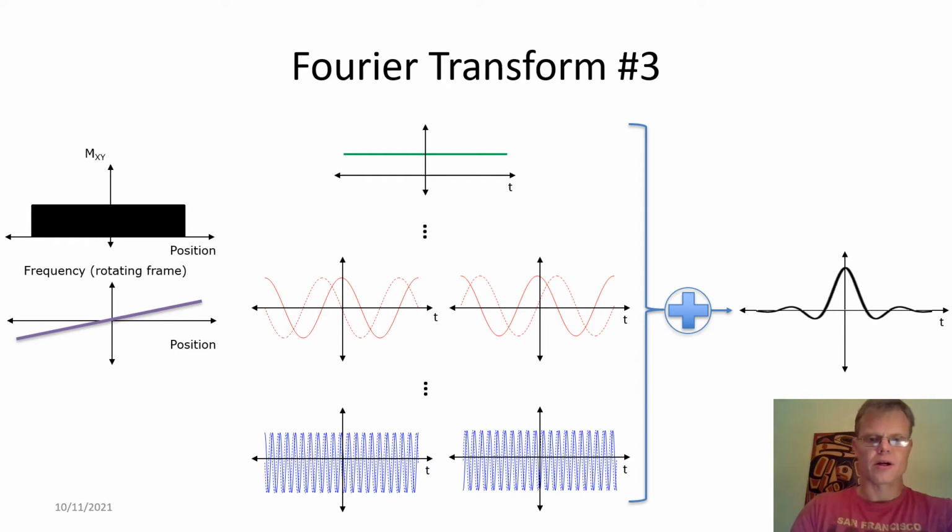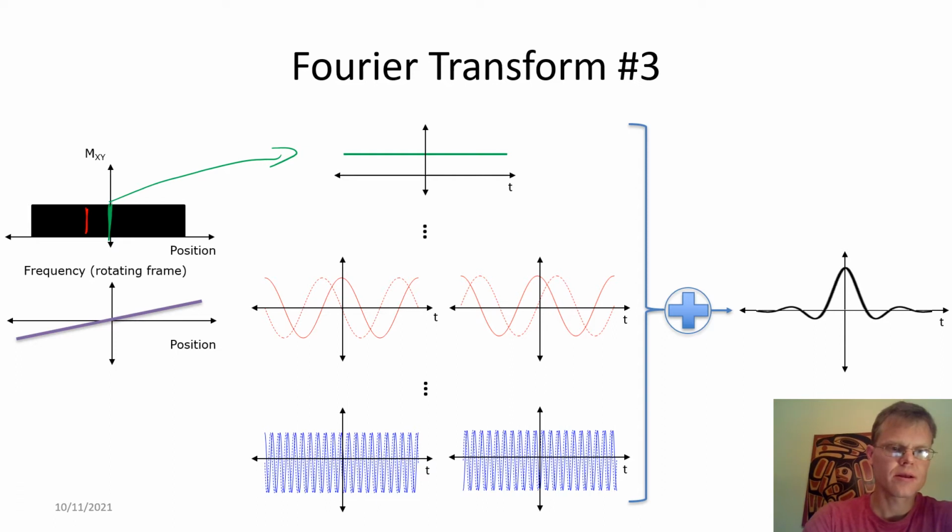Okay, so we've got our rect object here, and what is it going to be contributing to the signal? Well, at the center location, we're going to have a contribution at the Larmor frequency, so in the rotating frame, 0 frequency. We're going to have some nearby locations in red that are going to be some amount of frequency away.